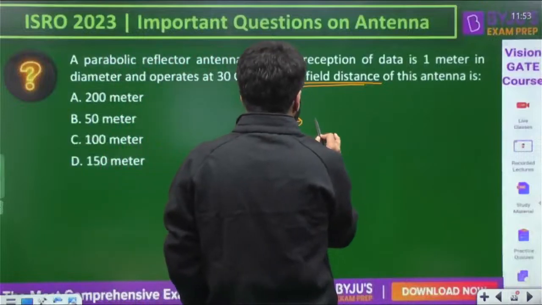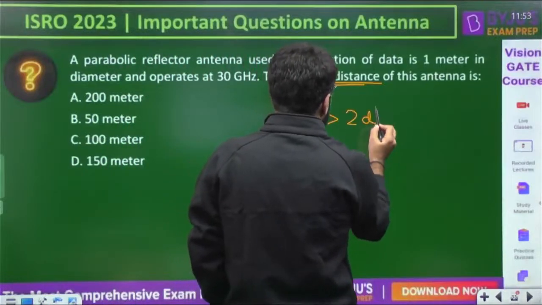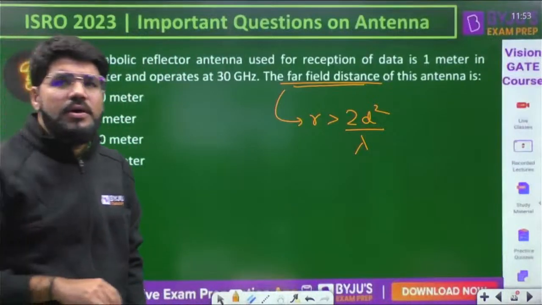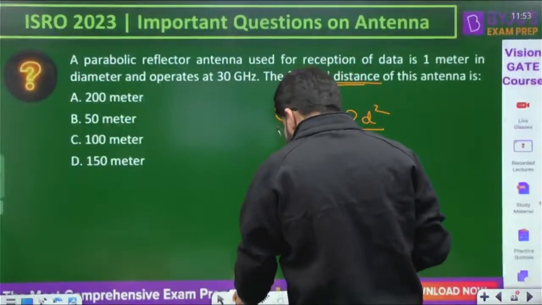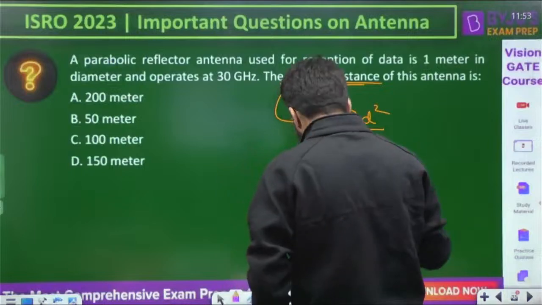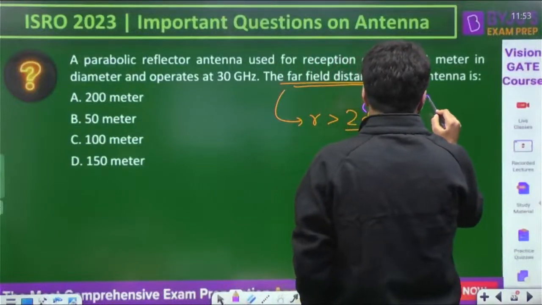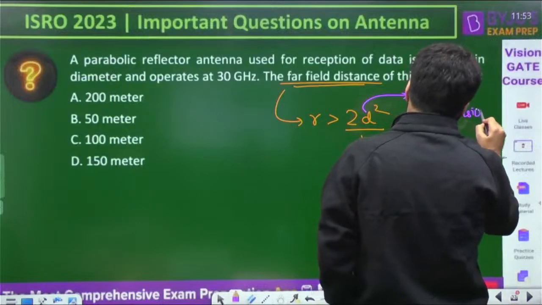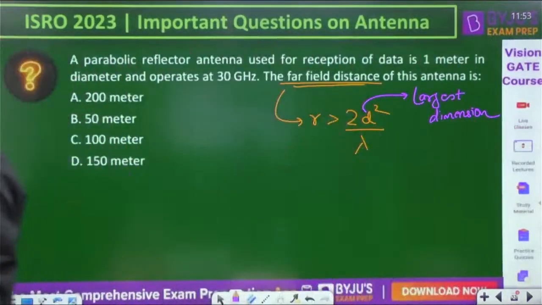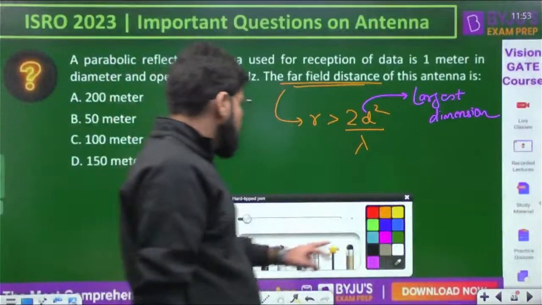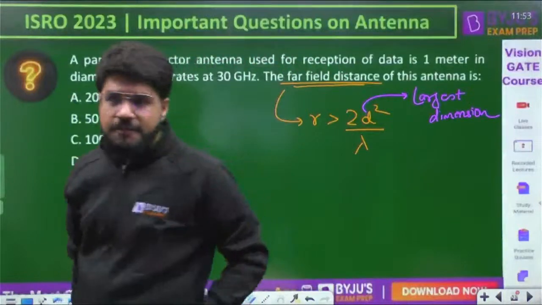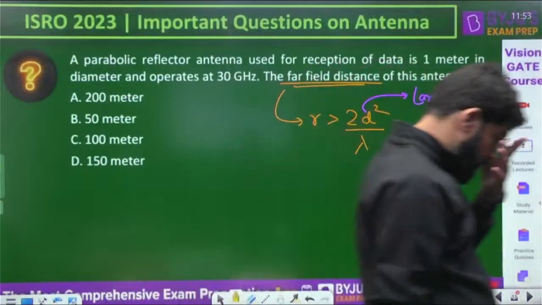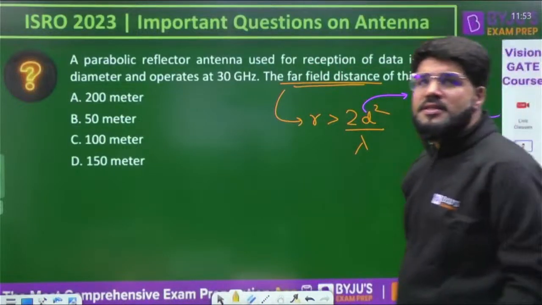Far field distance for any antenna is given by the distance greater than 2d square by lambda, where d is the largest dimension of that particular antenna.